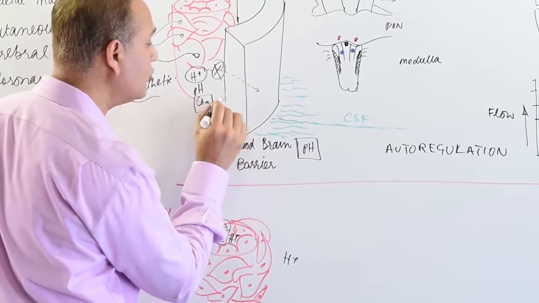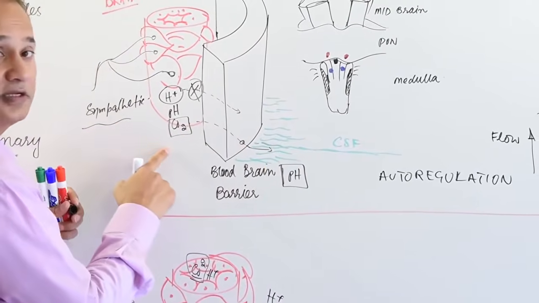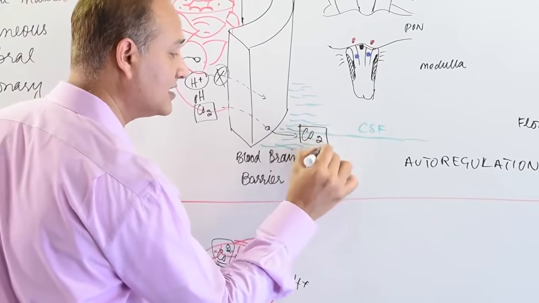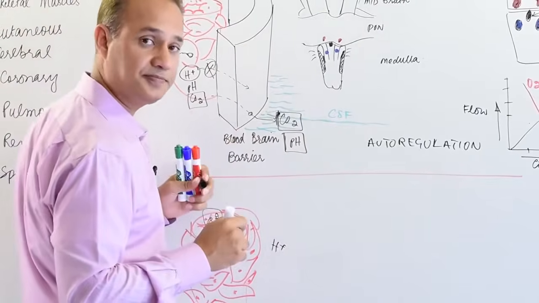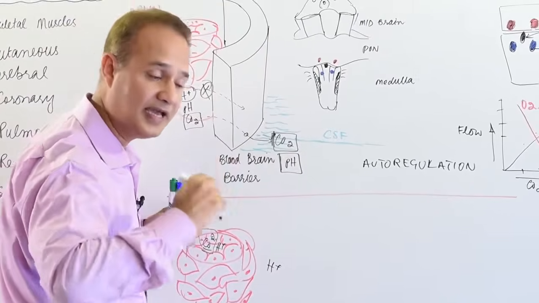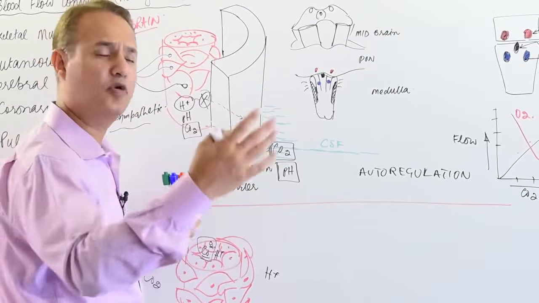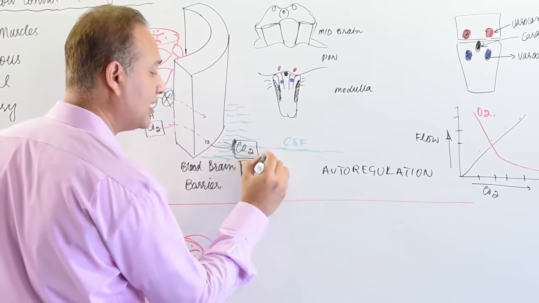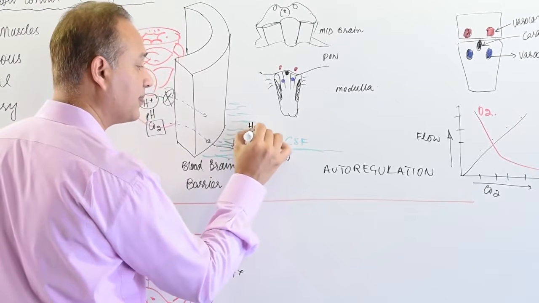It can easily move from the blood into the brain CSF. This is the primary player here. As soon as the carbon dioxide comes in, and it is more than normal, there is normally a level of carbon dioxide that is always coming in. But now let's say it has become more. As soon as that comes in, what happens with the carbon dioxide? We combine it with water and we make H2CO3.